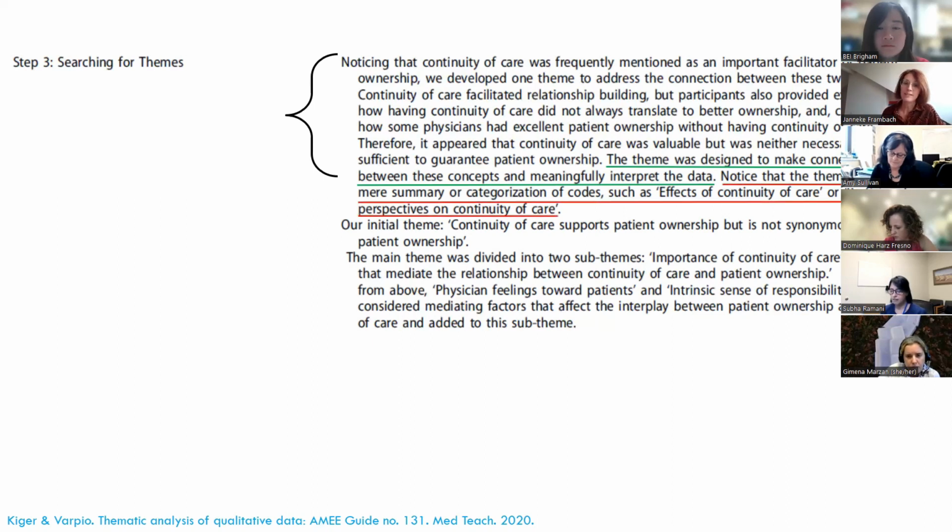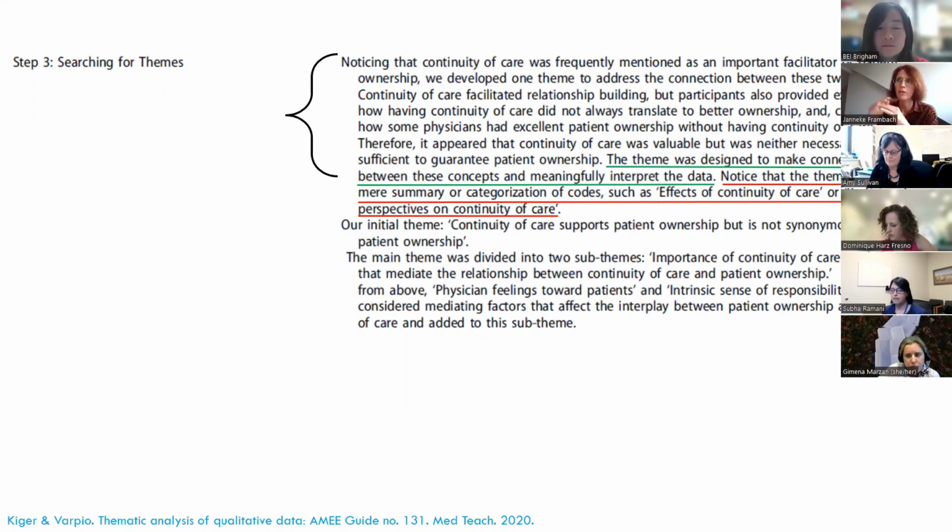Now notice, it is very important, I think, that the theme is not a summary or a categorization of the codes, such as effects of continuity of care or participant perspectives on continuity of care. And this I see mostly being done in especially people who are new in qualitative research.